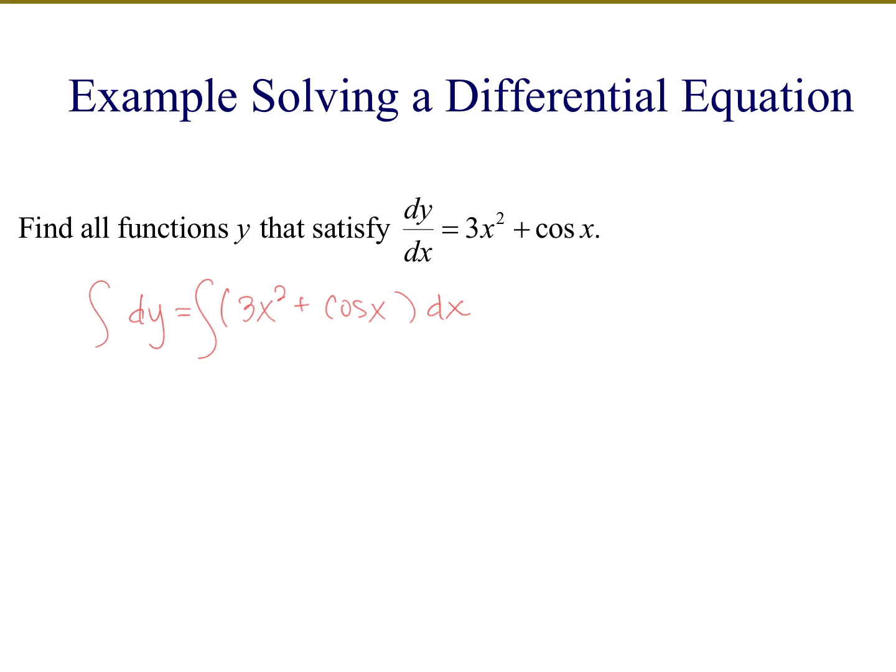So the antiderivative of dy is regular y, and then the antiderivative of each piece, so 3x squared would be 3x cubed divided by 3, and then plus sine, and then plus c. In other words, just x cubed plus sine x plus c. So that's a general antiderivative. And plus c represents the vertical shift that moves it up and down.